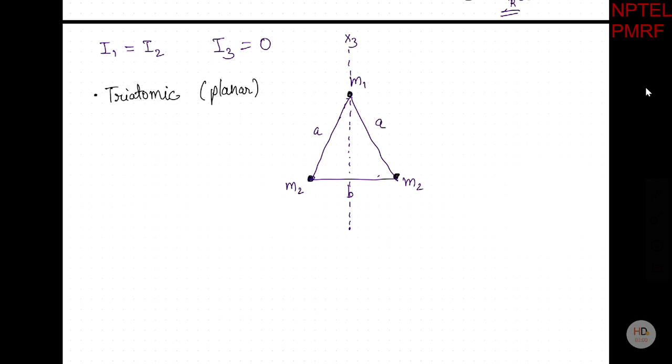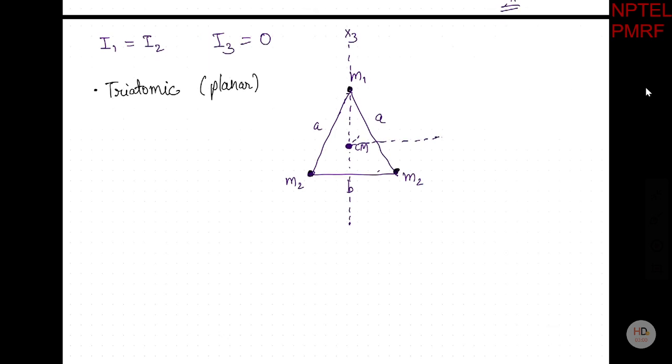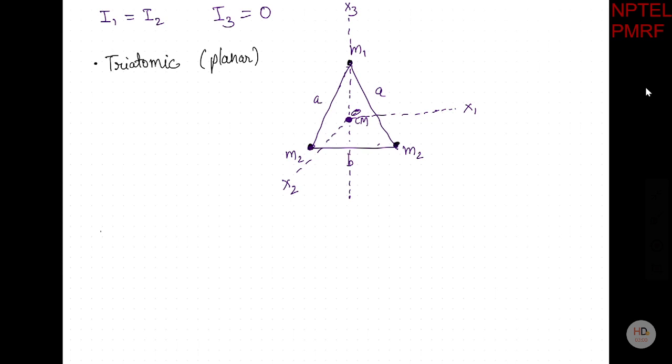So you have two masses here, one here, so it should be somewhere around here, right? Okay, so this is your center of mass, and perpendicular to the x3 axis you have one axis that is inside the plane of this triangle or the plane of the screen. Let's call it x1, and let's call this one x2. Okay, so let's calculate I1.